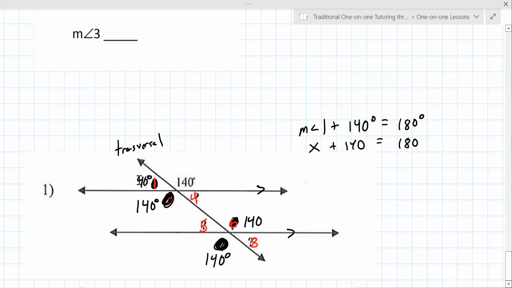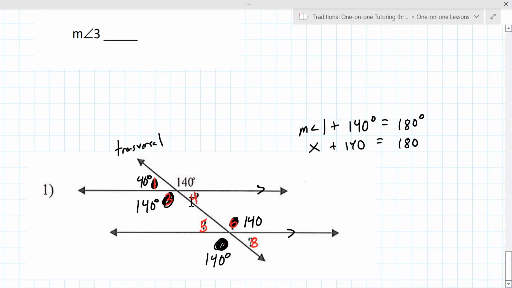Now notice that 40 degrees plus the 140 below it also adds up to 180. So you could have done it that way as well. What is the measure of angle 4 down here, bottom right? There's many ways now to get it.